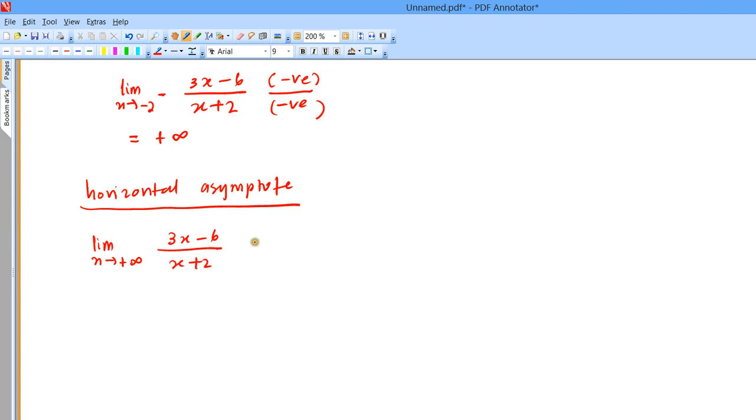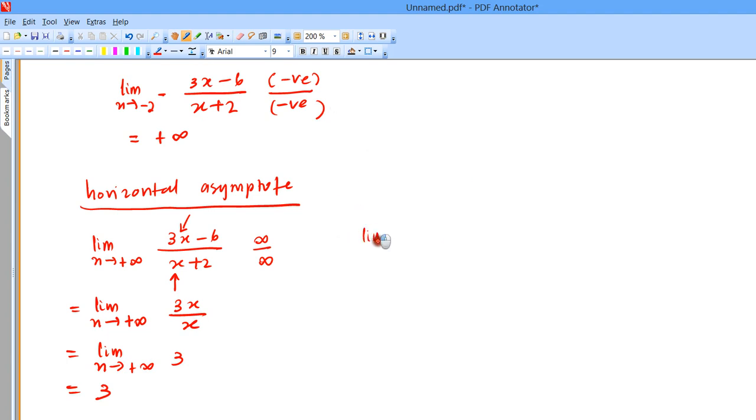If you substitute, you get infinity over infinity. So to solve this, you can choose one term at the numerator with highest power of x, that is 3x, and then one term at the denominator with highest power of x, that is x. So equal to limit x approaches positive infinity 3x over x, and then simplify, we get limit x approaches positive infinity 3 equal to 3.